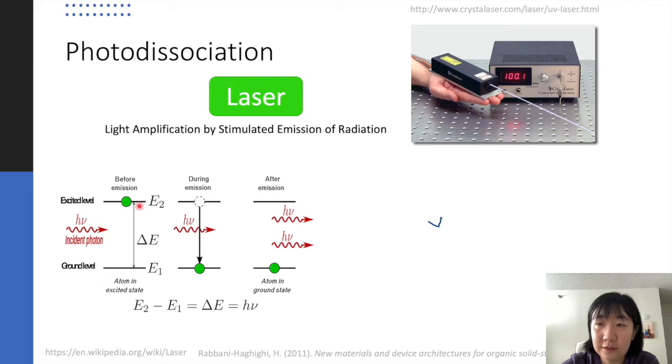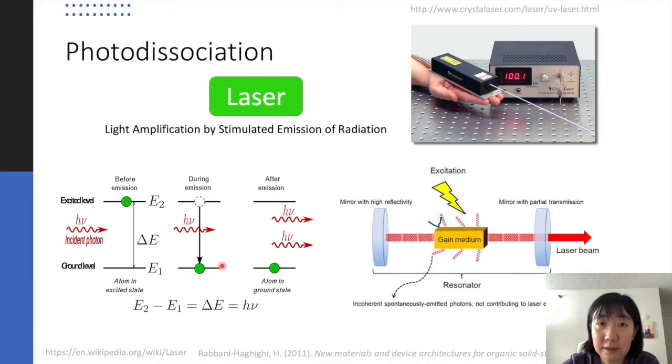Then they tend to emit photons to go back to the ground state energy level. When the number of particles in one excited state exceeds the number of particles in some lower energy state, the rate of stimulated emission is larger than the rate of absorption of light in the medium, and therefore the light is amplified.